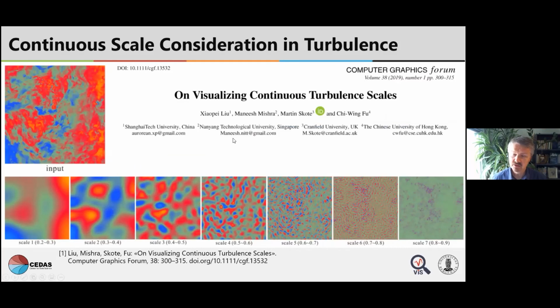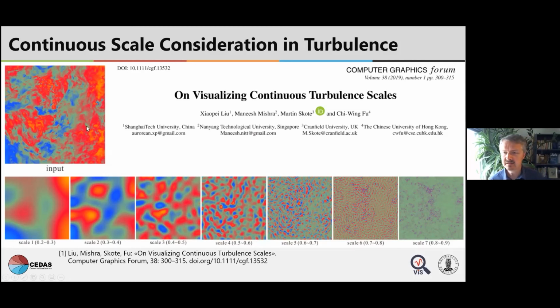And I've just shown another work that is a little more recent from CGF, where they showed that they can achieve very meaningful visualizations when distinguishing between these different scales in turbulence. Here they are actually suggesting a solution that can appreciate a continuum of scales between large and small scale. You can see a picture of the input from direct numerical simulation.